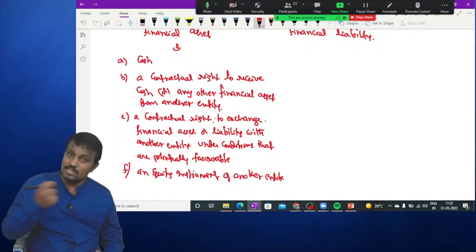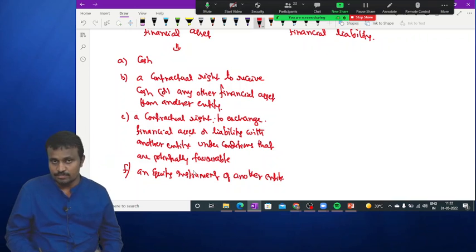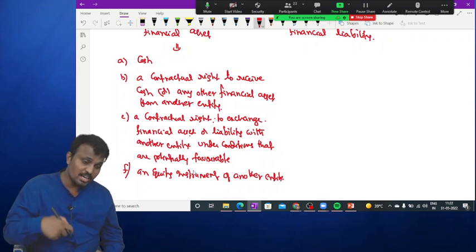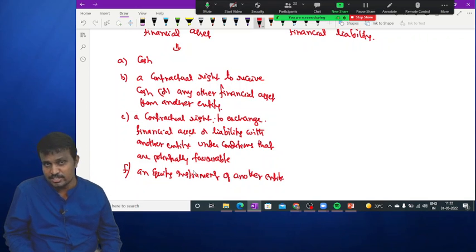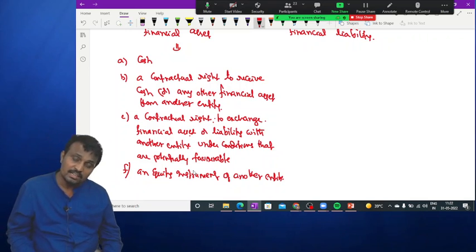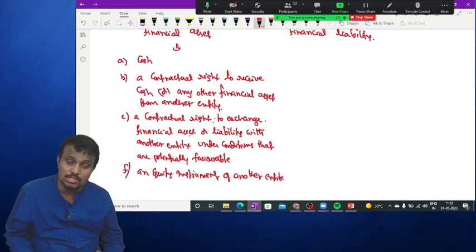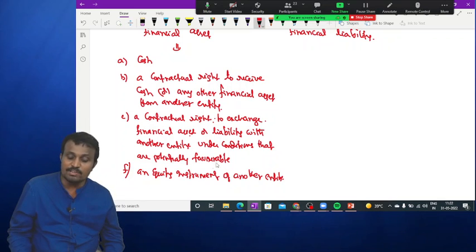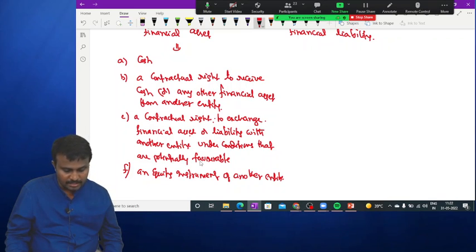That will become an equity instrument, that will become a financial asset to us. For example, the holding company purchases the shares, equity shares of a subsidiary company. Then that will become a financial asset to the holding company, meaning an equity instrument of the subsidiary company. So this is what is meant by financial asset.